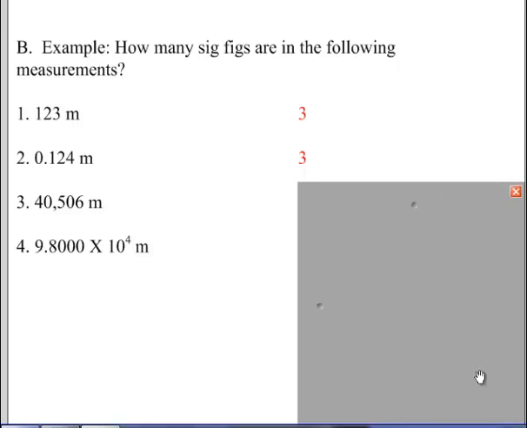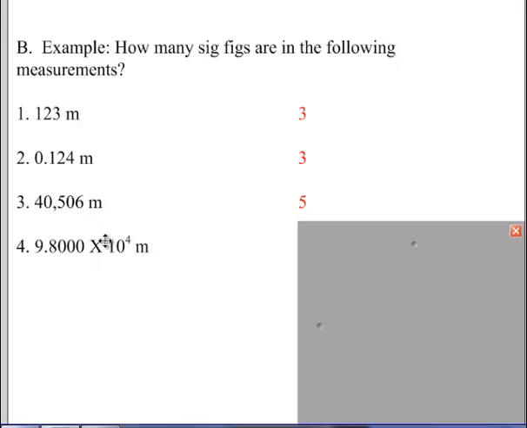How many significant figures are in example 3? Well, remember the sandwich rule? The 4, 5, 6 are all significant because they're non-zero numbers. The 2 zeros are sandwiched in between the 4 and the 5 and the 5 and the 6. Therefore, all 5 numbers are significant. How about number 4?